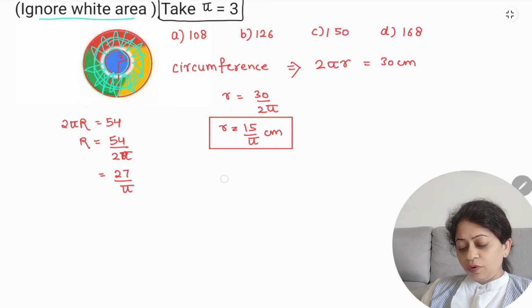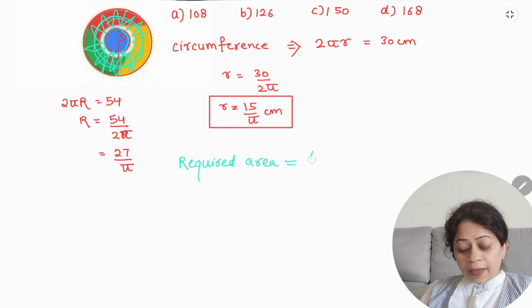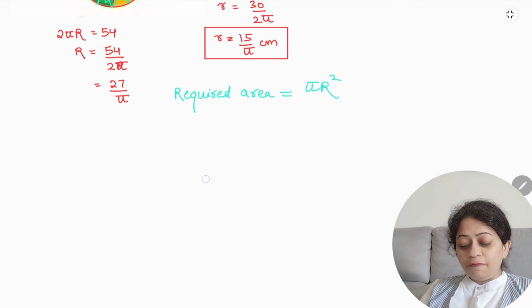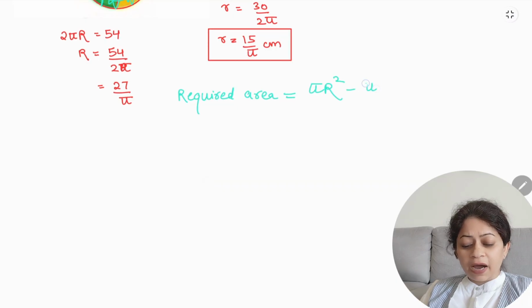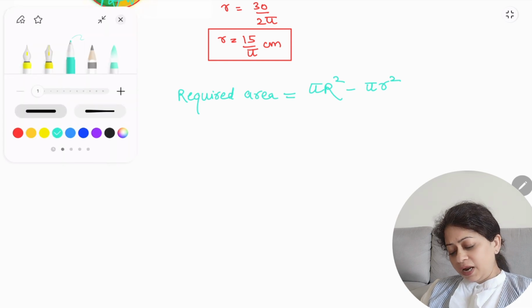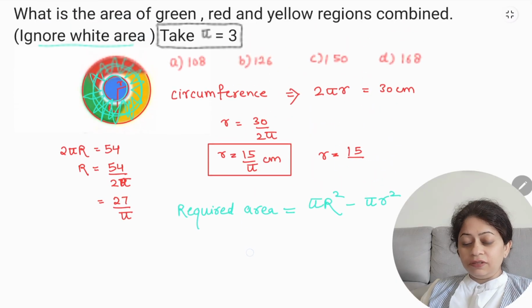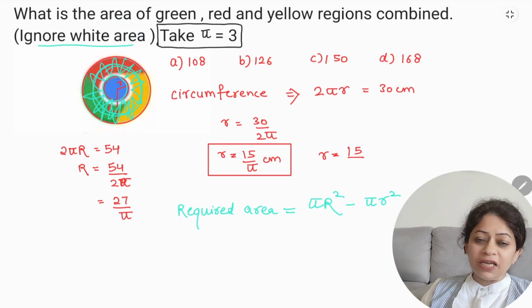Okay, so the required area is pi R square, that means the area of the bigger circle, minus pi r square, that means the area of the smaller circle, right? Now I will first figure out what r is here. r is equal to 15 by pi, and usually we know that pi is 3.14.